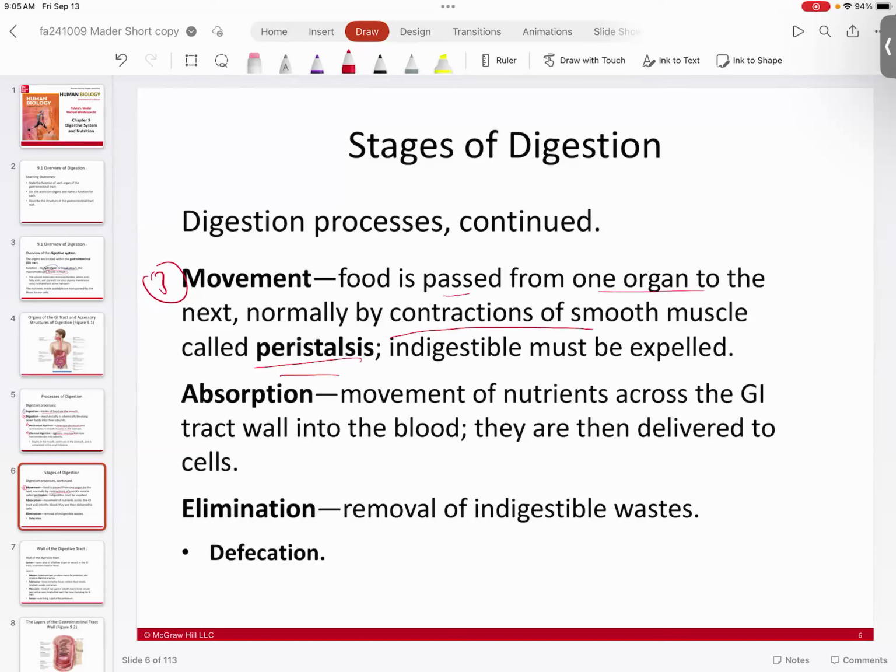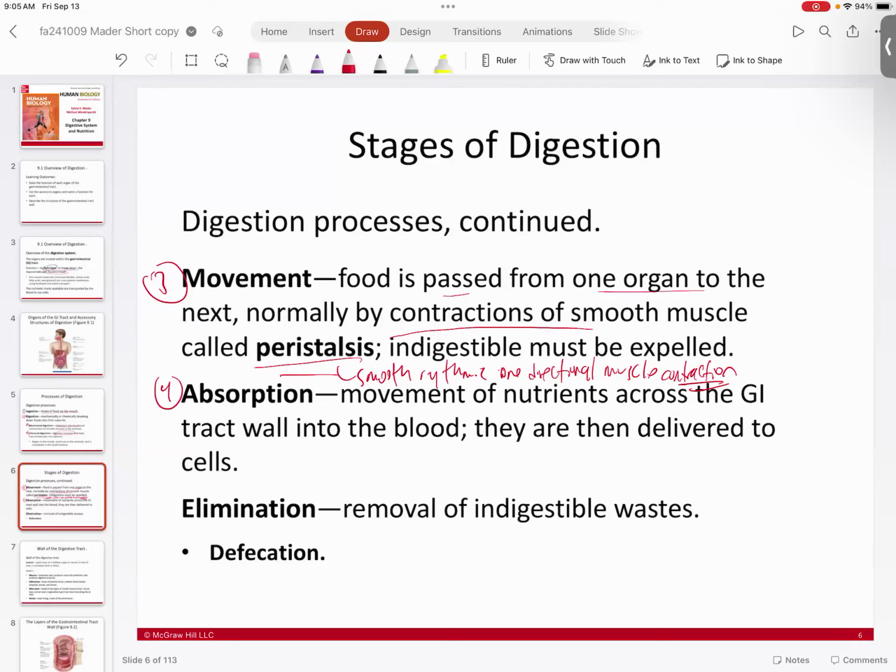So this is basically a smooth, rhythmic, one-directional muscle contraction. Kind of not unlike squeezing a tube of toothpaste. And so that's a lot of what peristalsis is like.